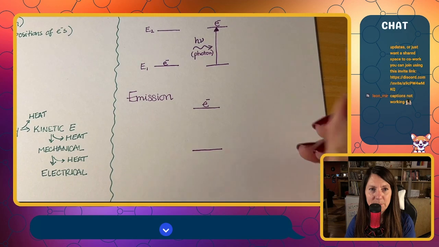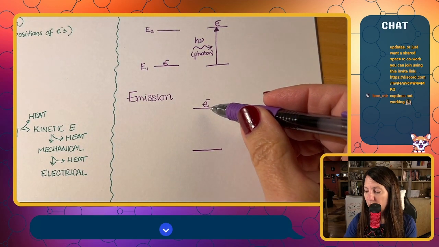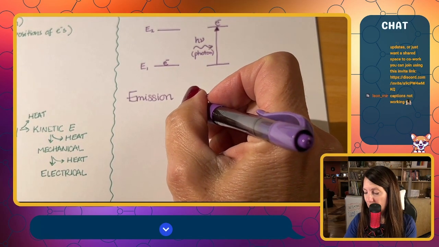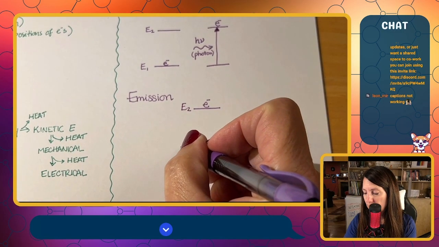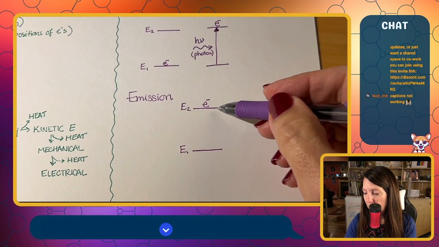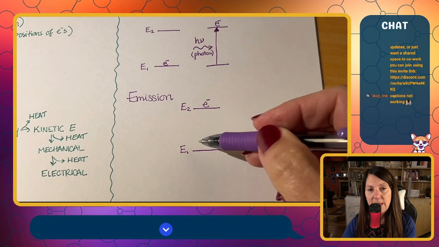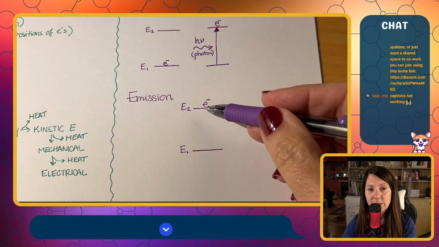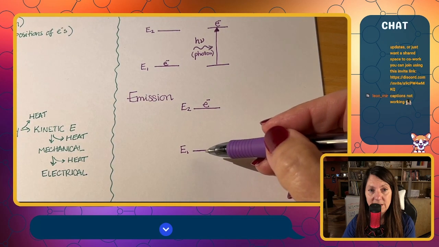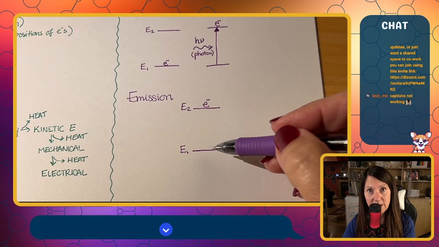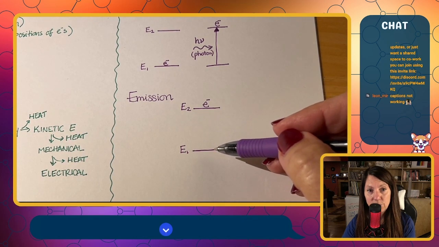So with emission, you start out with an electron being excited in a higher energy level. We can call that energy 2, higher energy, versus this lower energy level. And now assuming that this is an excited state, and so there is space for that electron to then drop back down to the ground state, where it's more stable, okay?